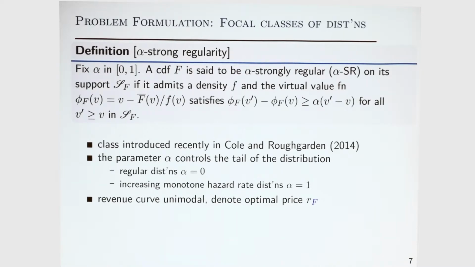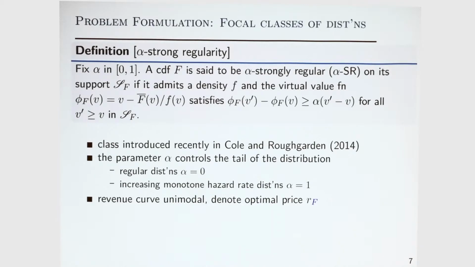Typically we look at these classes because, if we knew the distribution, we can characterize exactly what the optimal price is. So there is only one price that we can post if we knew the distribution.